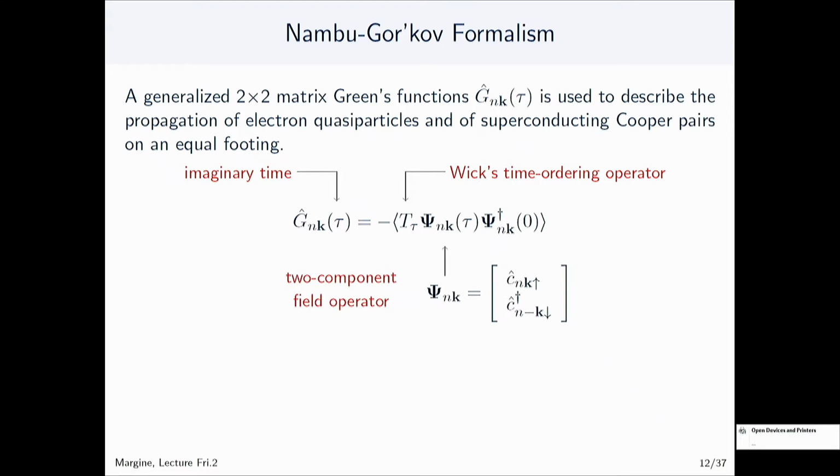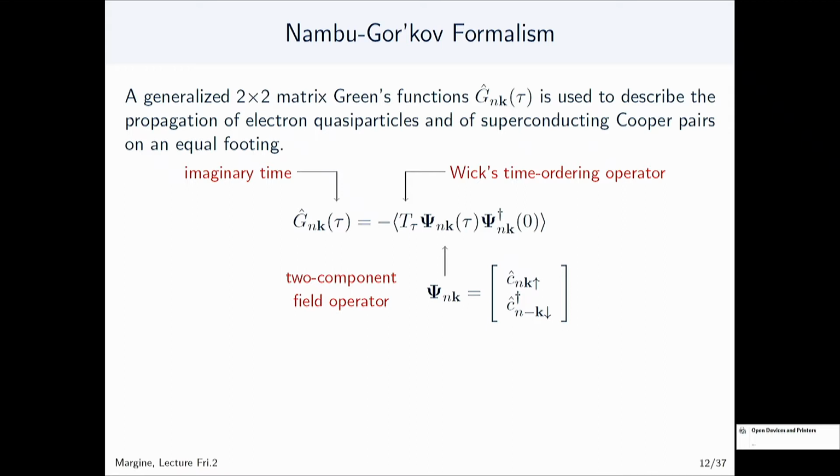One component destroys an electron at a state nk and spin up, and the other operator creates an electron at a state n minus k and spin down.